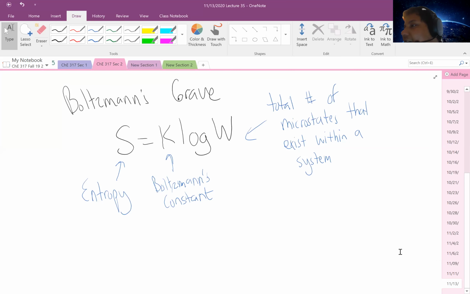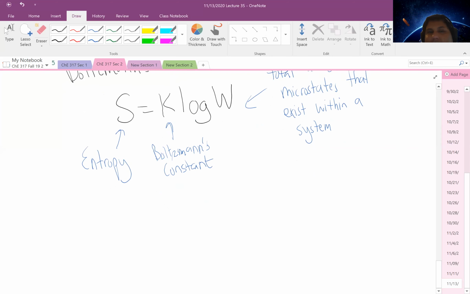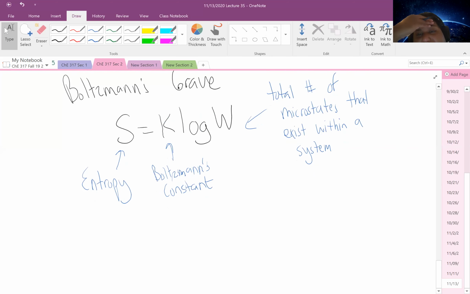And so you asked about how it relates to the pressure of a system, right? What we find is that in order to get a better sense of the entropy of a system, we had to say, well, there's no really good way to tally up all of those molecules, to get a sense of the microstates.